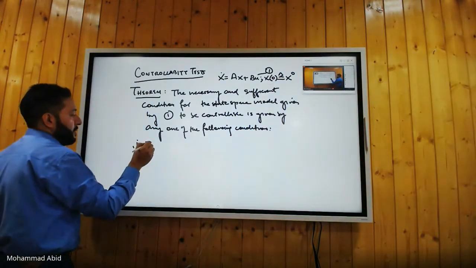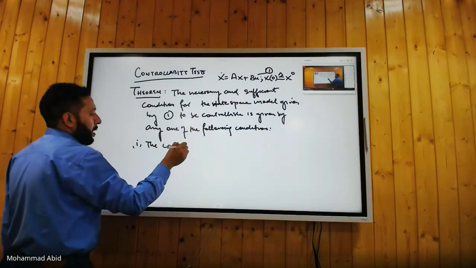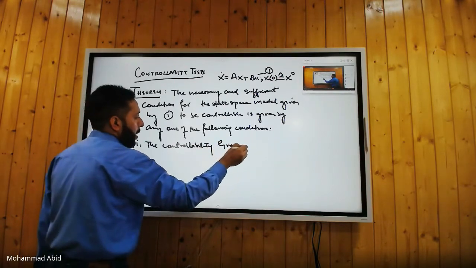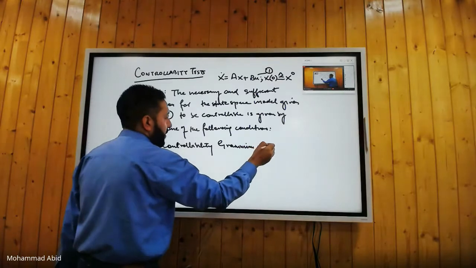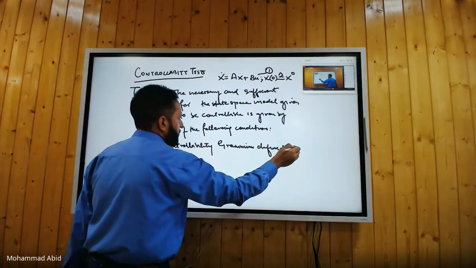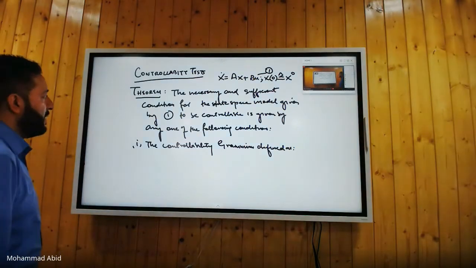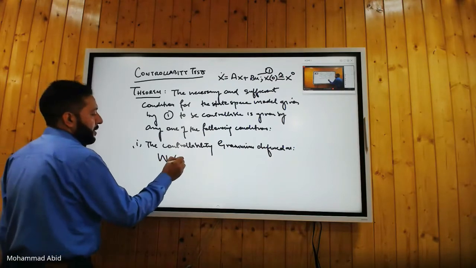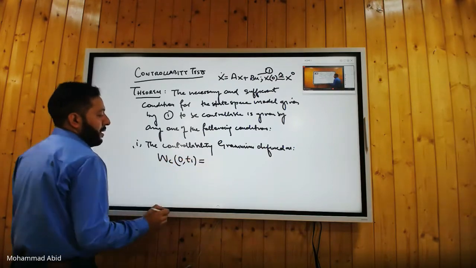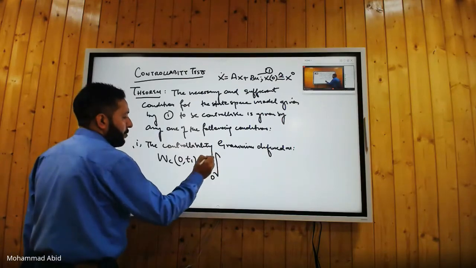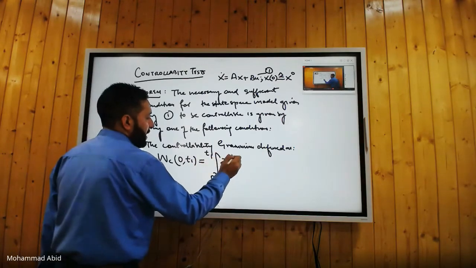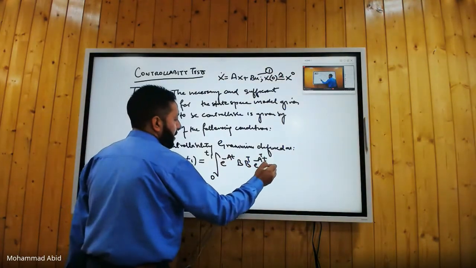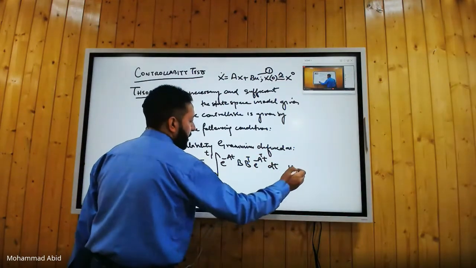First is the controllability Gramian, defined as WC over the interval 0 to t1, equal to the integral from 0 to t1 of e to the power minus At B B transpose e to the power minus A transpose t dt, is non-singular.